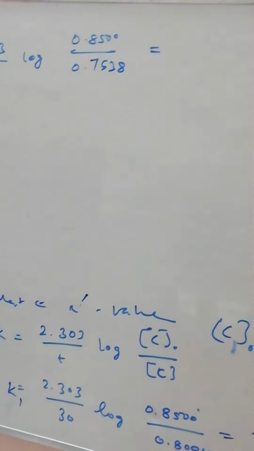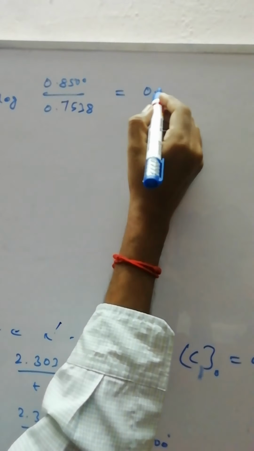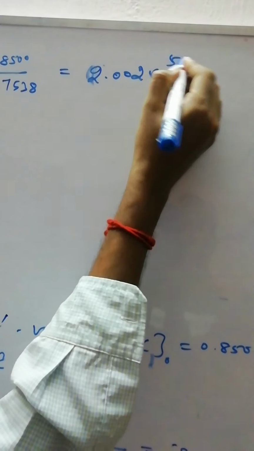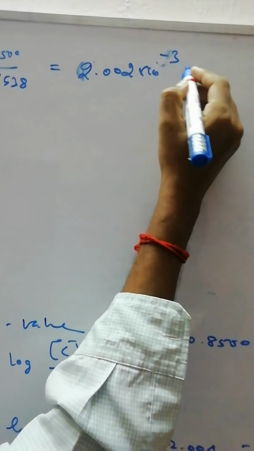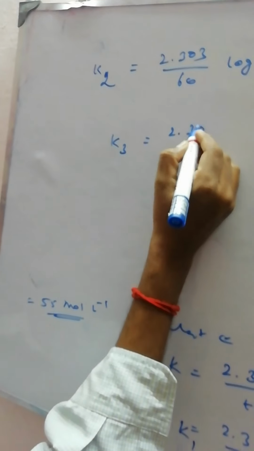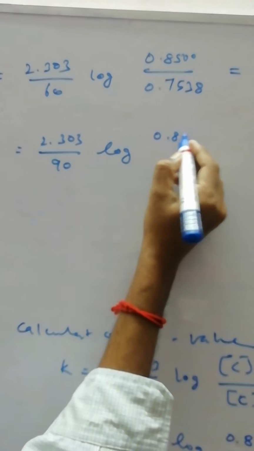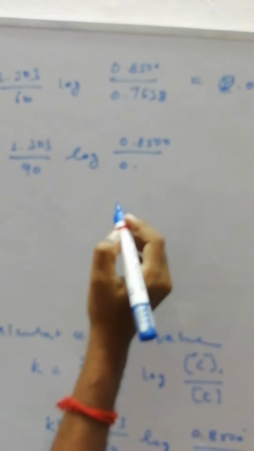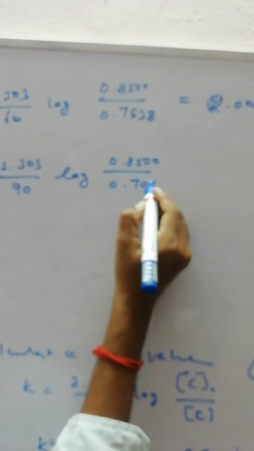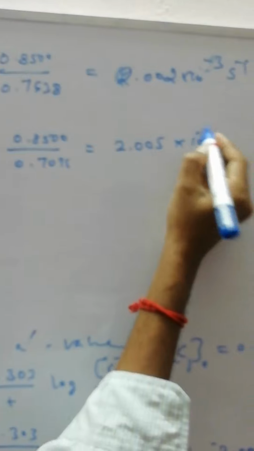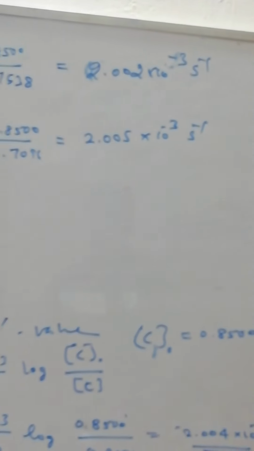It will give the answer of 2.002 into 10 to the power minus 3 second inverse. And K3 is equal to 2.303 by 90 log 0.855 by 0.7096, which is equal to 2.005 into 10 to the power minus 3 second inverse.